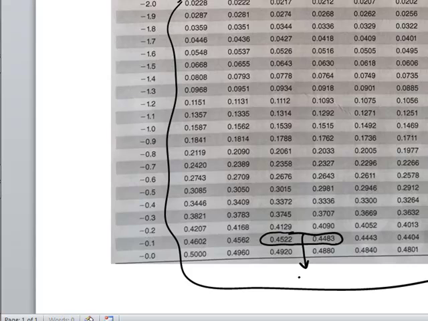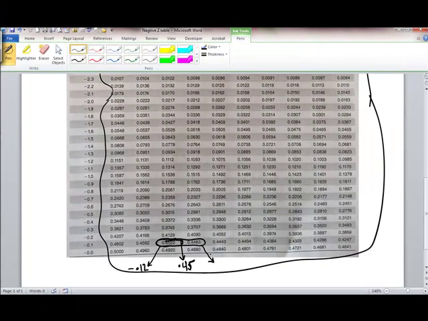So the 0.45 falls between them, and that tells me that if I find the z-values for these two numbers, then my z-value for 0.45 area would be somewhere in between them. For this left value, the z is negative 0.12. And for this right value, the z is negative 0.13.